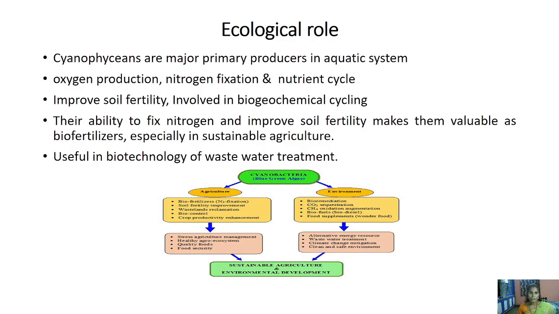They improve soil fertility. They are also involved in biogeochemical cycles. Their ability to fix nitrogen and improve soil fertility makes them valuable as biofertilizers, especially in sustainable agriculture. They're also useful in biotechnology of wastewater treatment.